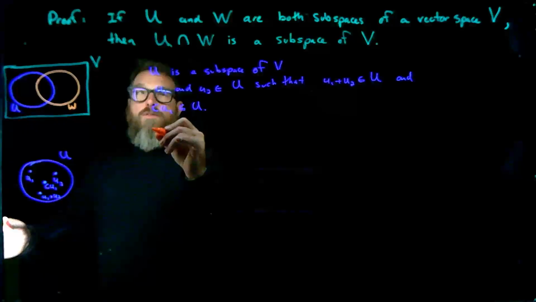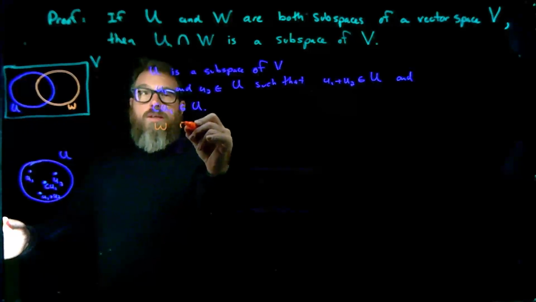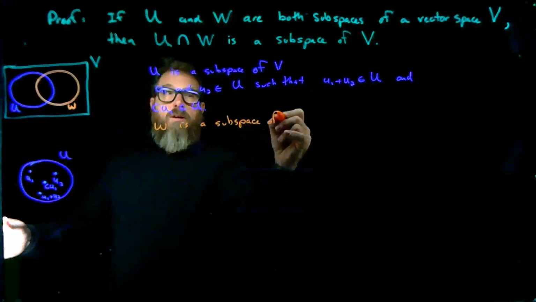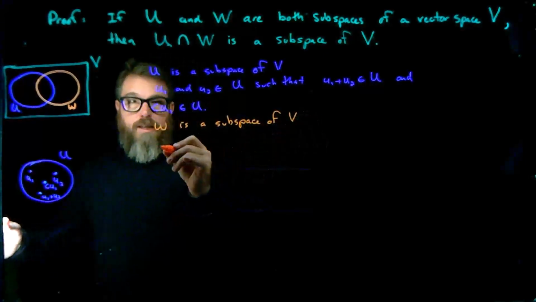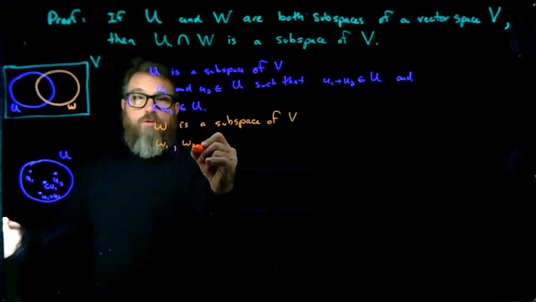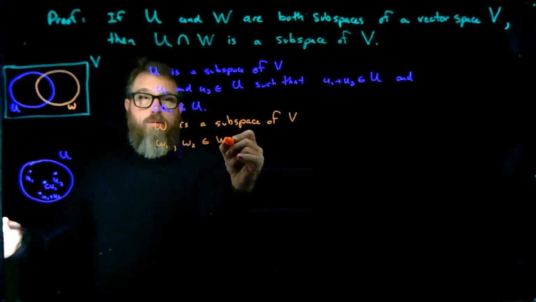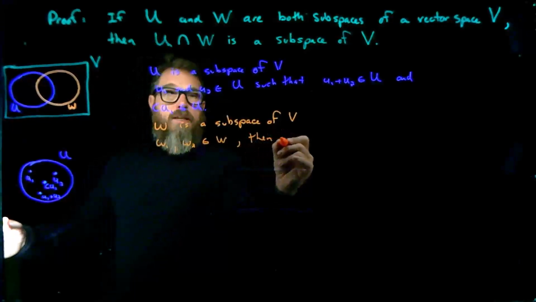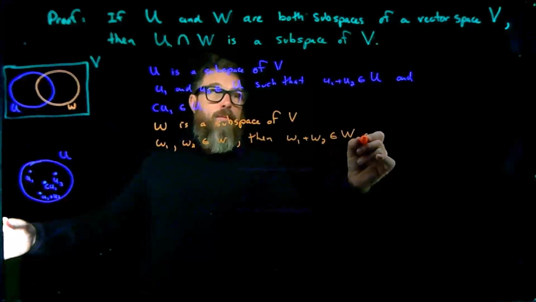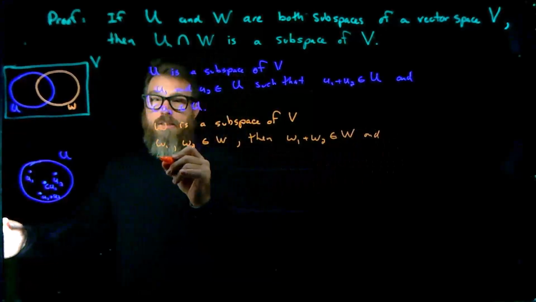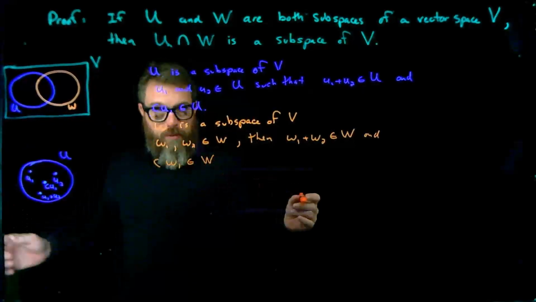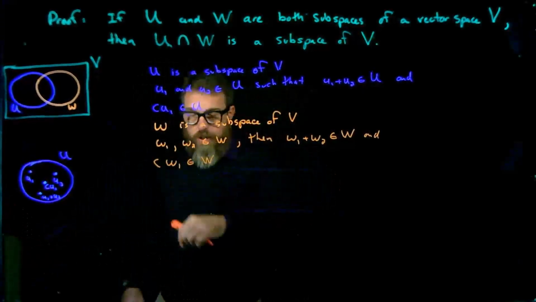If W is a subspace of vector space V, then if there's a W1 and W2 that both exist in W, I can say that W1 plus W2 is going to be an element of W, and C times W1 is going to be an element of W.